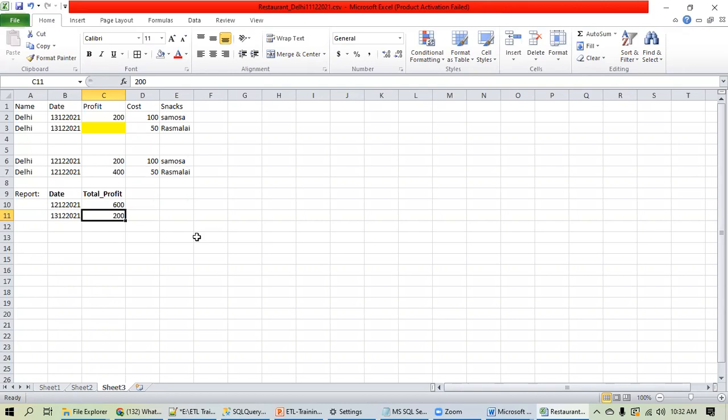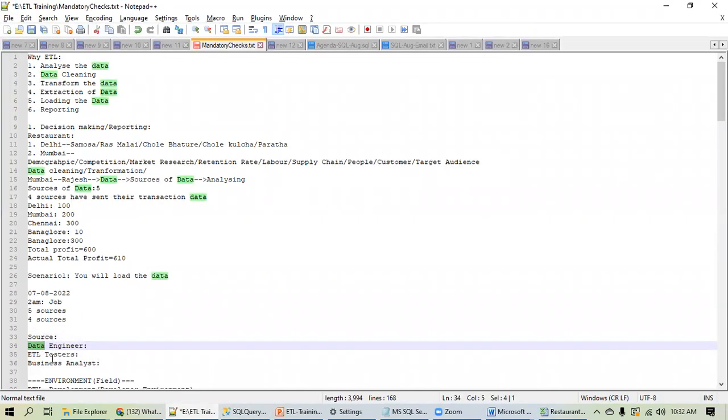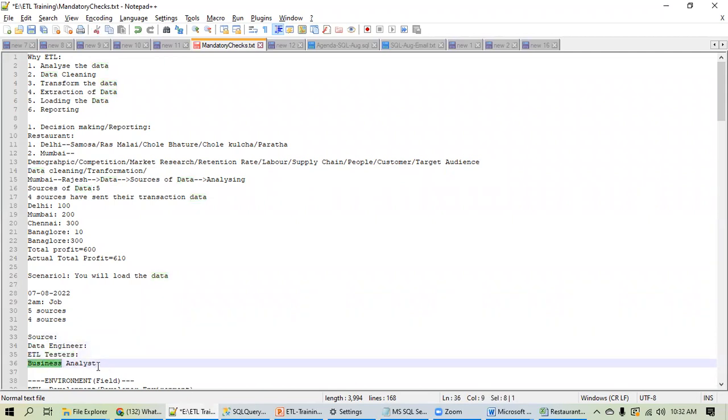Now tell me, those business stakeholders, to whom will they contact? They will contact the source team, the data engineer team, the ETL testers, or the business analyst. Business analyst. Very good. They will contact the business analyst. Suppose Jatin is the business analyst.